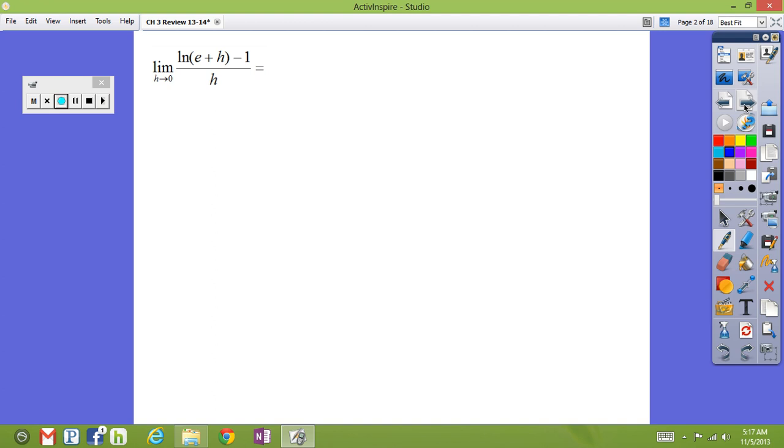So I'm going to move this over a little bit. This has to be the derivative of the function. And what you need to do is figure out whose derivative it is. So what I'm going to do is write the definition right underneath it.